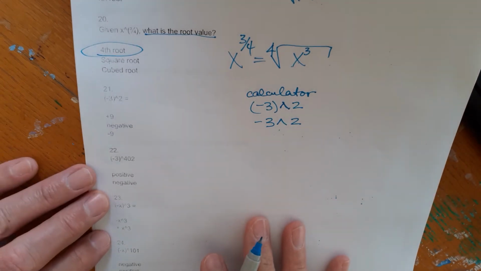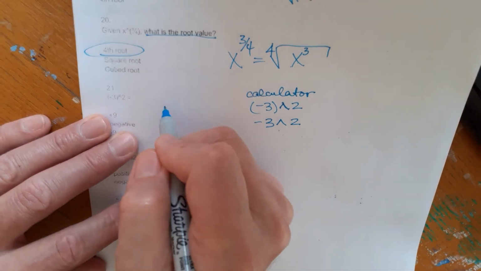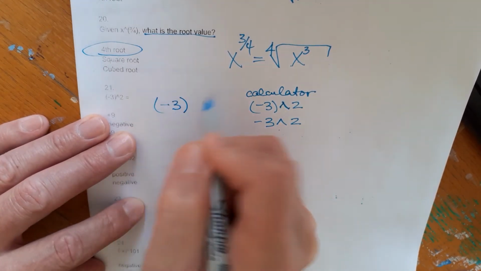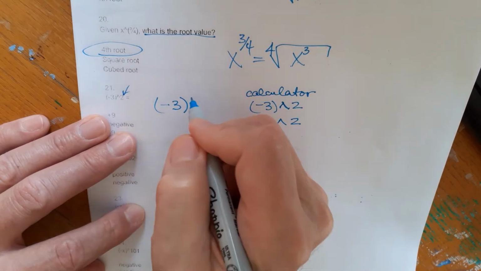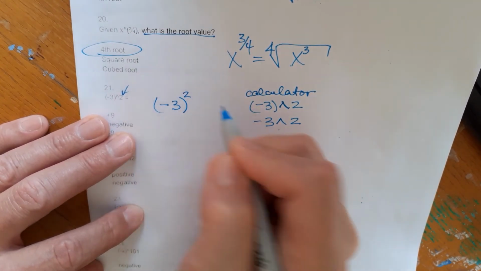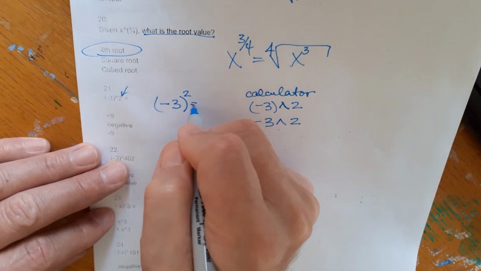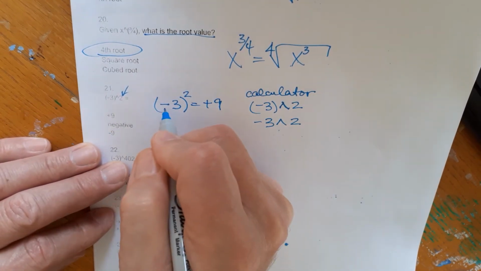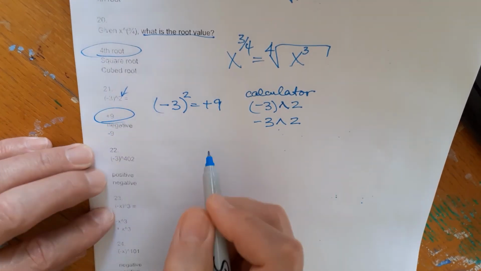All right, let's transition to a couple more ideas. If we have a negative value and we raise it to an even value, a 2 is an even number, we are going to get a positive 9. Why? Because a negative 3 times a negative 3 is positive, right? So positive 9.